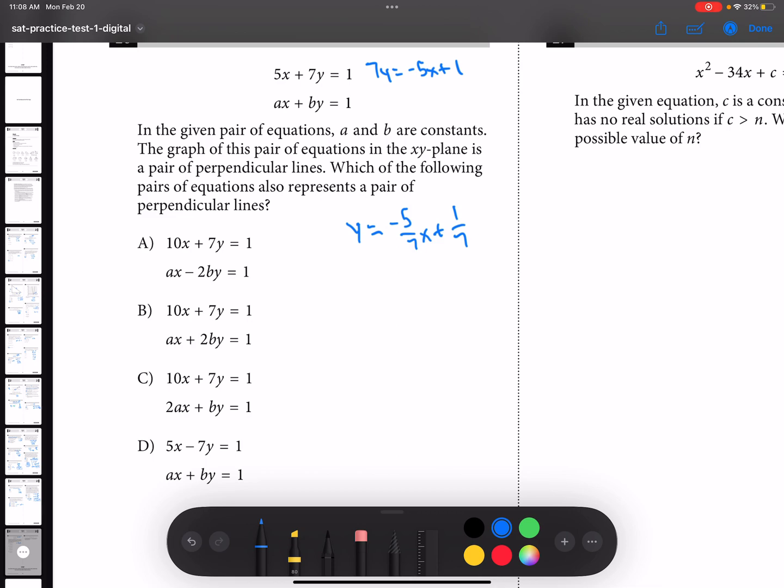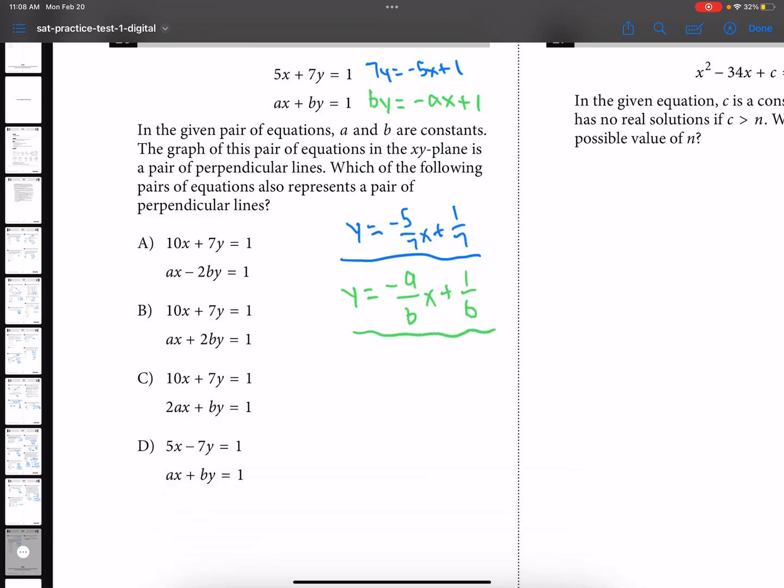That's one equation. And the other equation would be by is equal to minus ax plus 1. So that would give us y is equal to minus a over b x plus 1 over b. So that's our second equation.